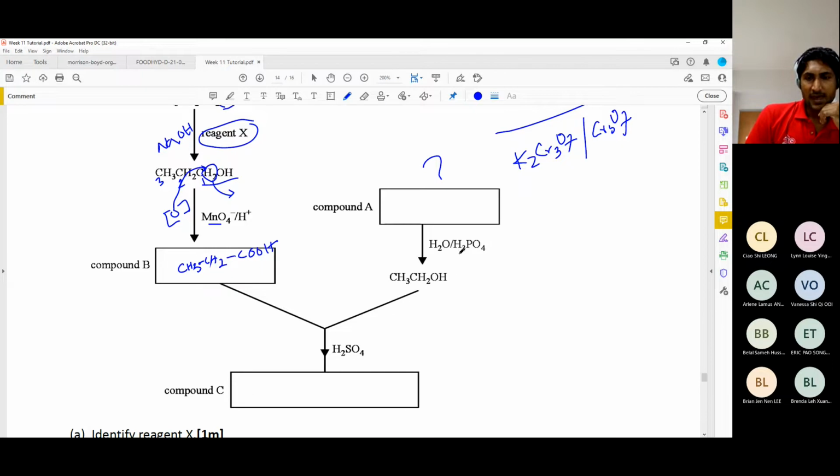But the clue is, if we add water or phosphoric acid, it is going to produce ethanol. So it should be CH3, CH2, Cl. It can also be that way.